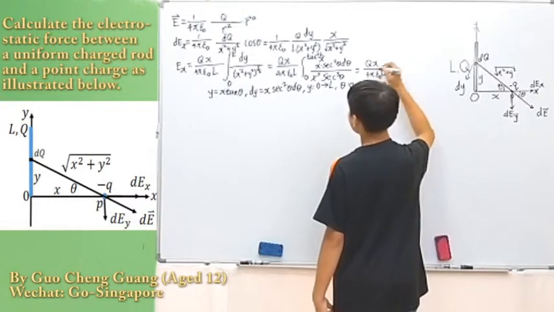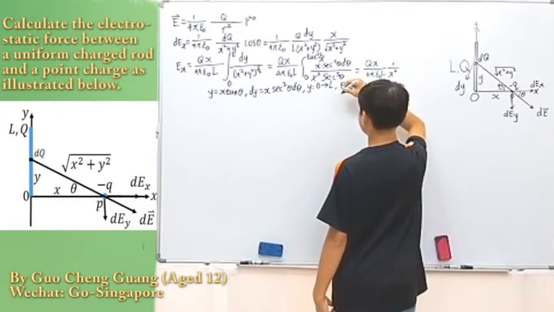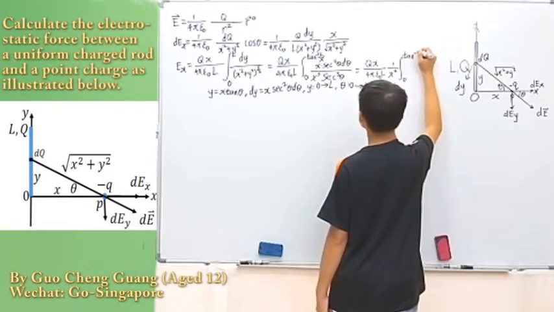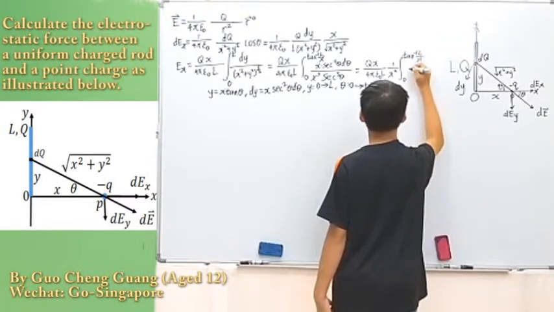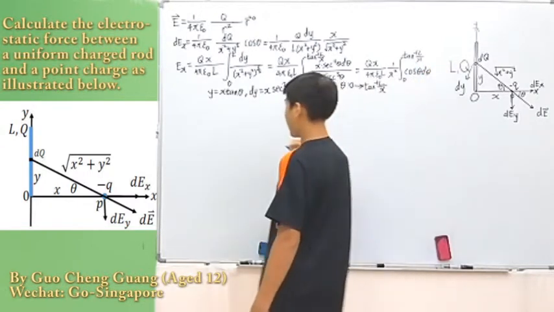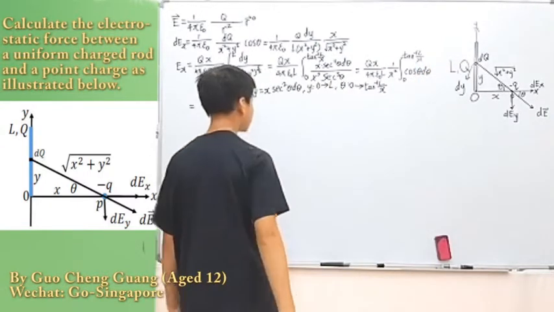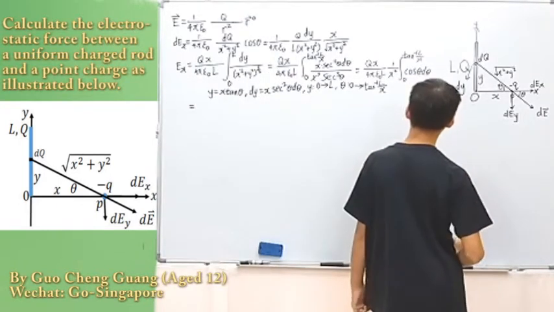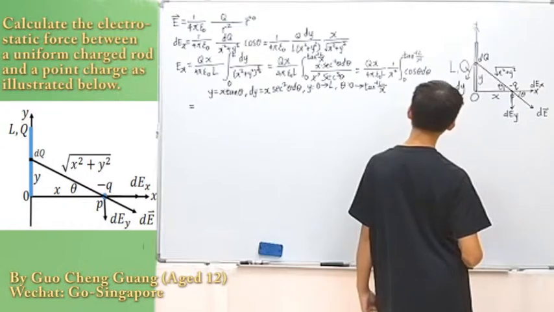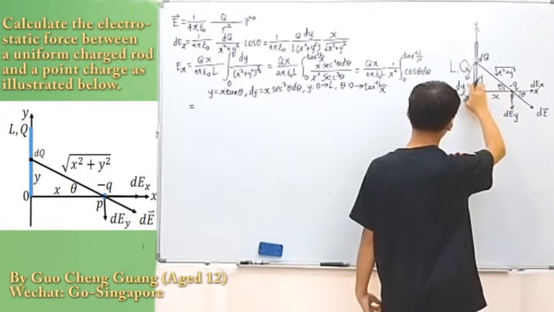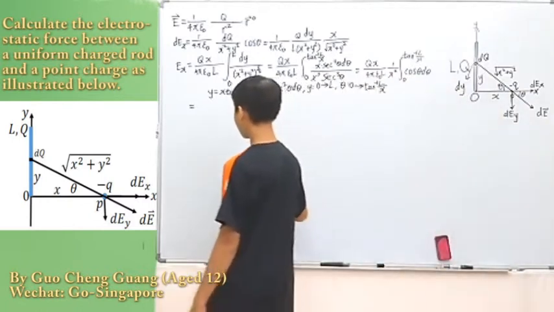Then after that, we'll be left with 1 over secant, and 1 over secant is actually cosine. And cosine will come from the integral of sine, so you could just put it as sine theta. For sine theta, that means opposite over hypotenuse.